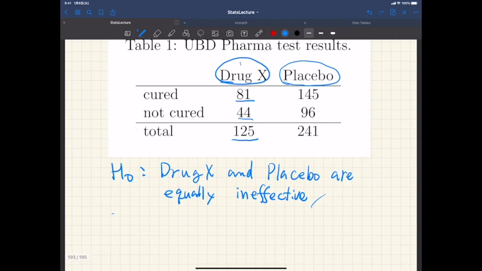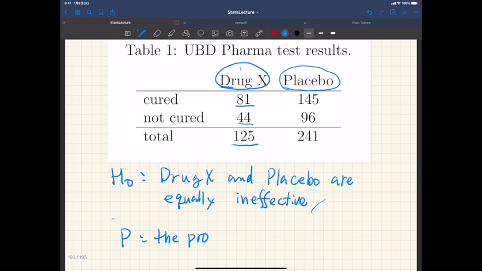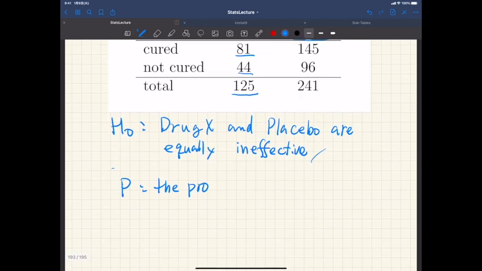So in order to do that, let's say P is the probability that a patient is cured, either by drug X or placebo. Since our hypothesis is that they have no difference, the probability should be the same.